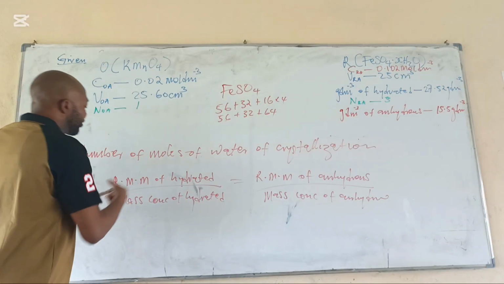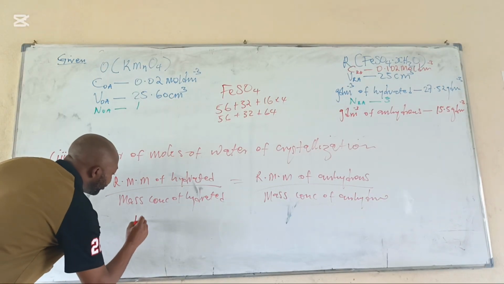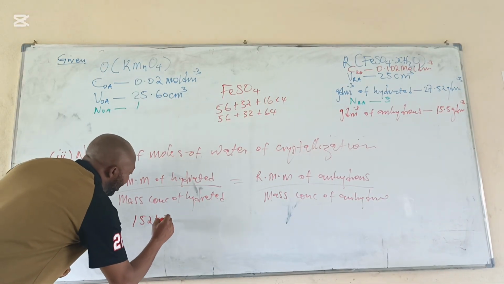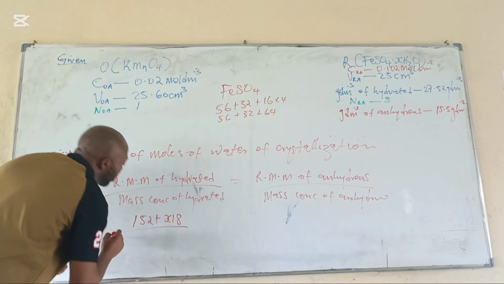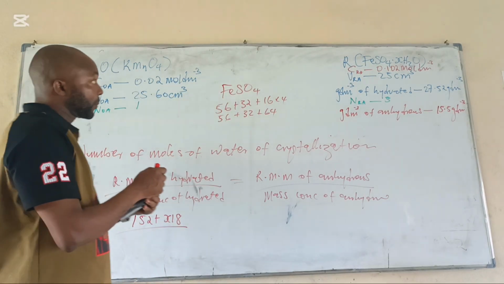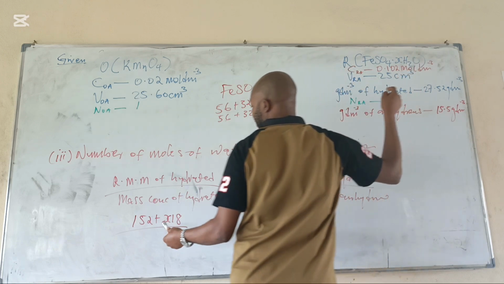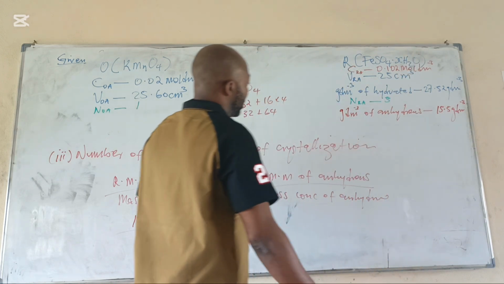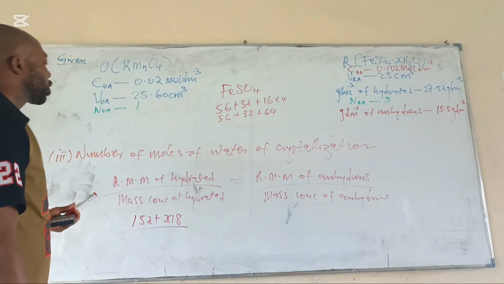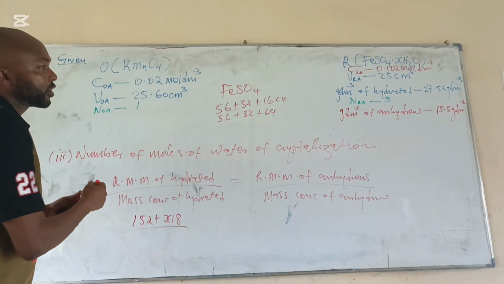Now we have hydrated is 152 plus x18 over... water is 18. The relative molecular mass of water is 18. So that's why we're having x18 over the mass concentration of hydrated, which is 15.5.